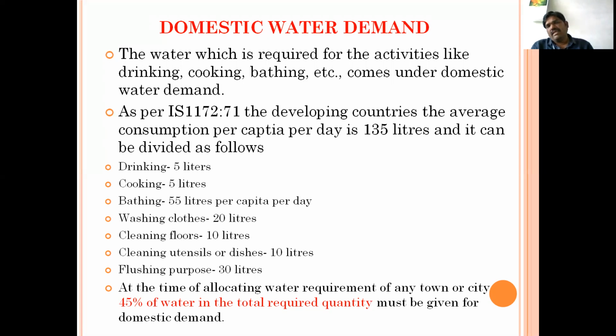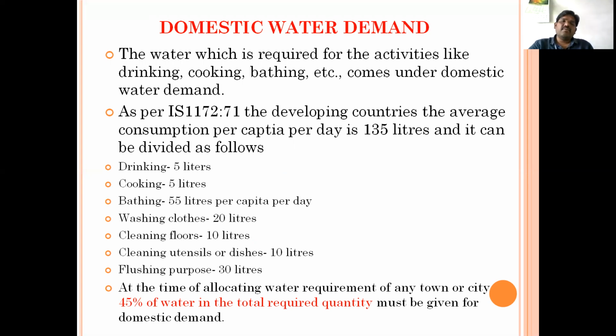What we are discussing is the water demand. In that, the first one is domestic water demand, meaning all the activities that take place at home itself come under this domestic water. For every human being, as per the calculations and as per the code IS 1172/71, in all developing countries 135 liters per day per capita is required.